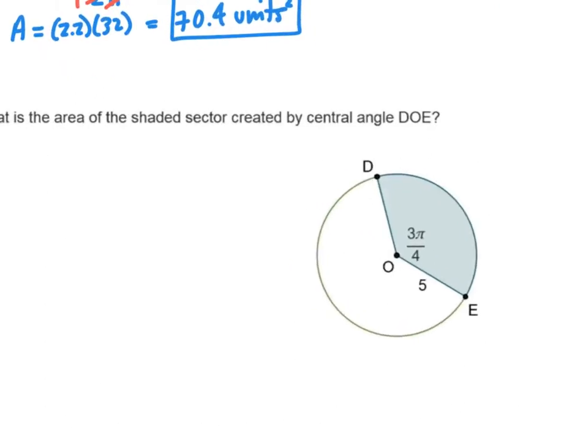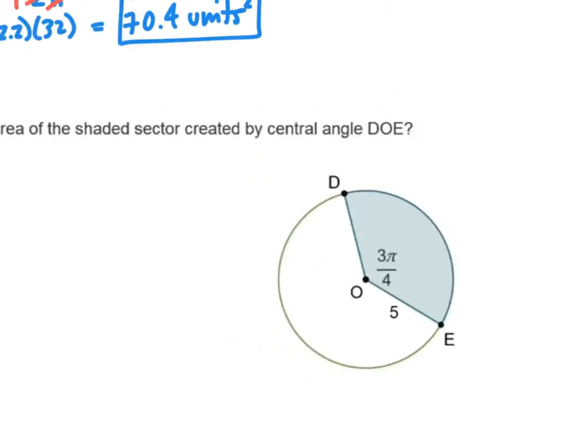Over here I know that theta is equal to 3 pi over 4. It may not work for this one actually. And then my radius is equal to 5. So let's see what we can do here.